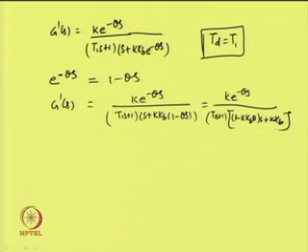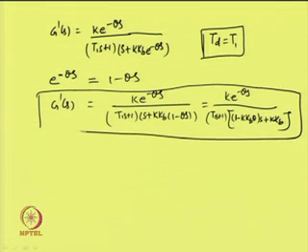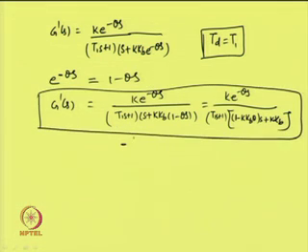So, what we see from here, the modified process has got poles located at minus 1 upon T 1 and minus k k b upon 1 minus k k b theta.